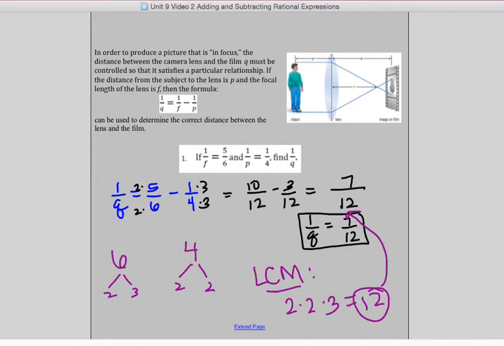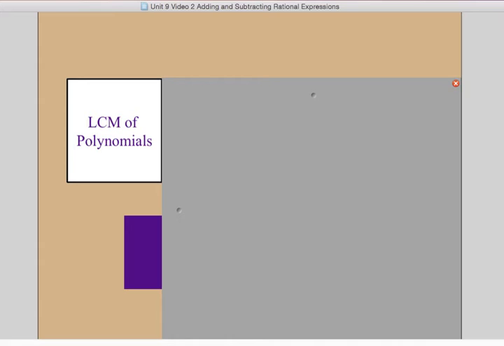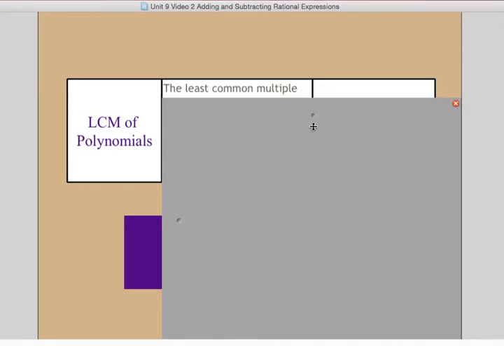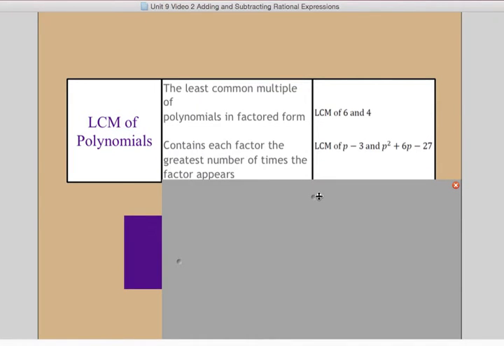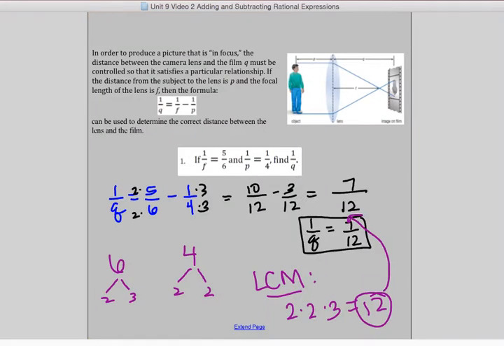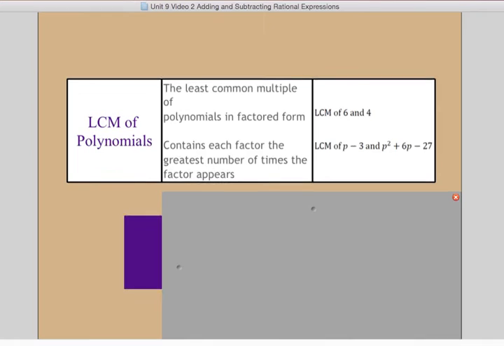So we're going to be finding the least common multiple of polynomials. The least common multiple of polynomials in factored form contains each factor the greatest number of times the factor appears. Here there were two 2s, so I wrote it down twice. So the LCM of 6 and 4 we actually just did.